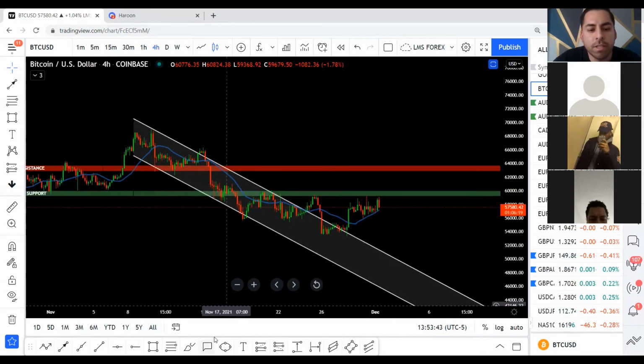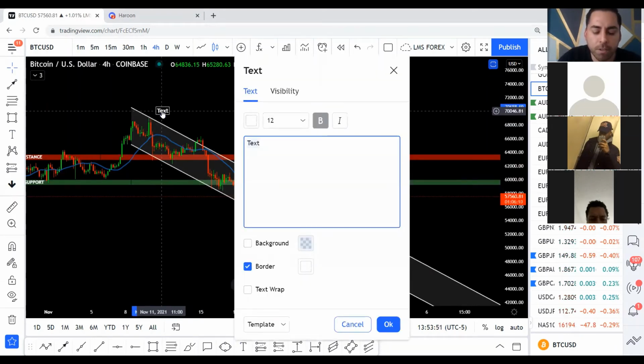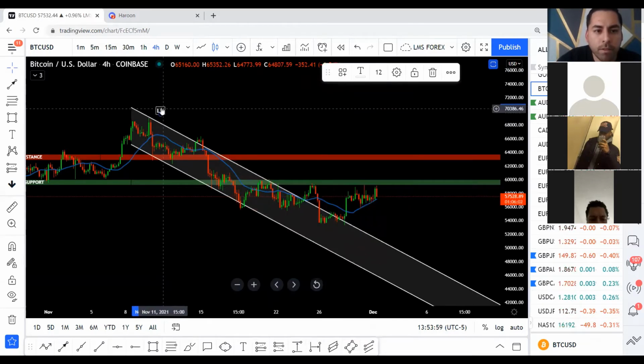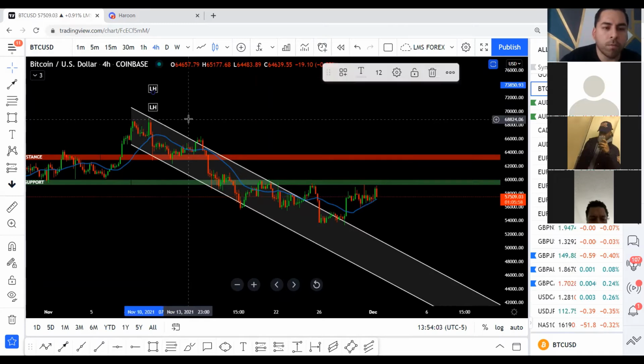So this is how I was just explaining to Omar. Whenever I see a trend, I like to label things, because sometimes you cannot see it at first sight. At this point I would put a lower high here, and then I start looking for lower highs.